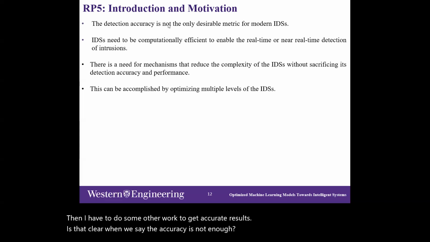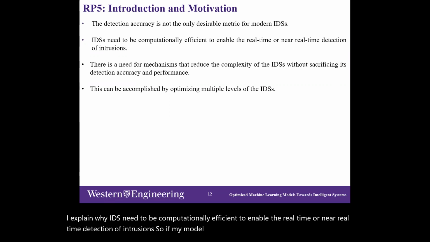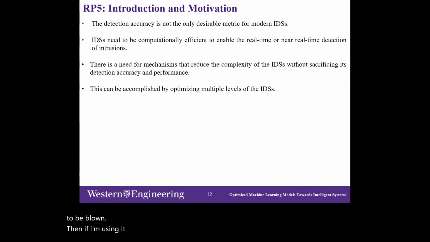So the detection accuracy is not the only desirable metric for modern IDS. I'll explain why. IDS need to be computationally efficient to enable real-time or near real-time detection of intrusions. If my model is computationally heavy and took a long time to be built, then when I'm using it online or in real time, this will cause slow results on the service, which will make the user feel bored or not use my website or my network or my services.